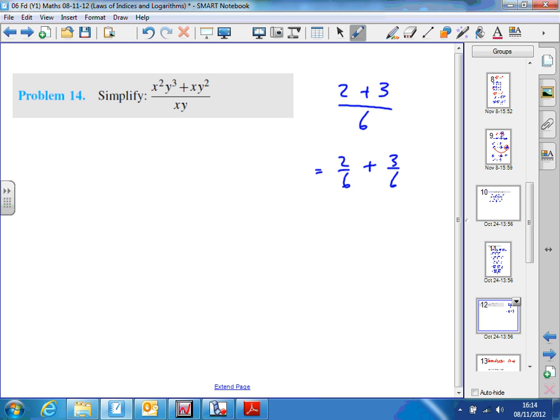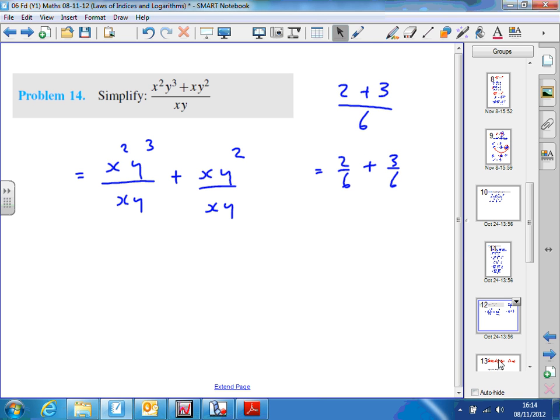I can split and write each of the separate parts on top over the denominator. And that's what I do here. I rewrite this as x squared y cubed over xy plus xy squared over xy. And then I can simplify it.